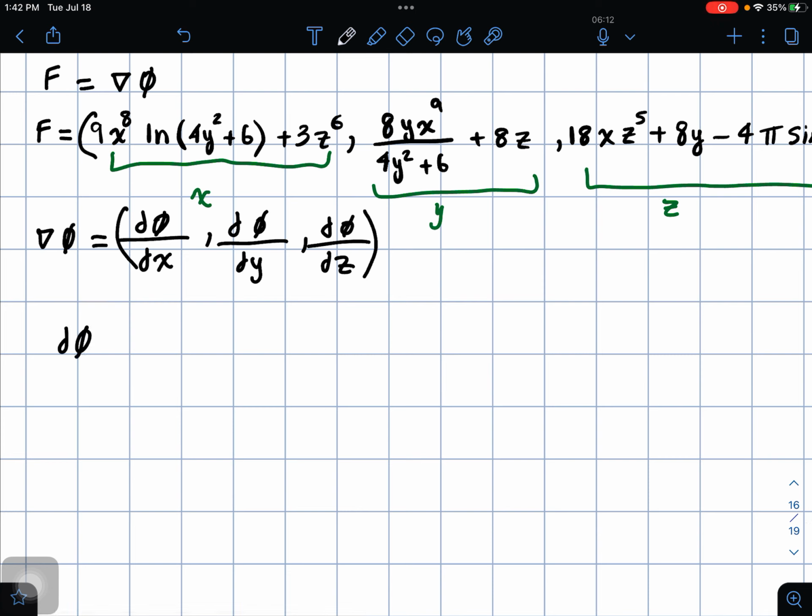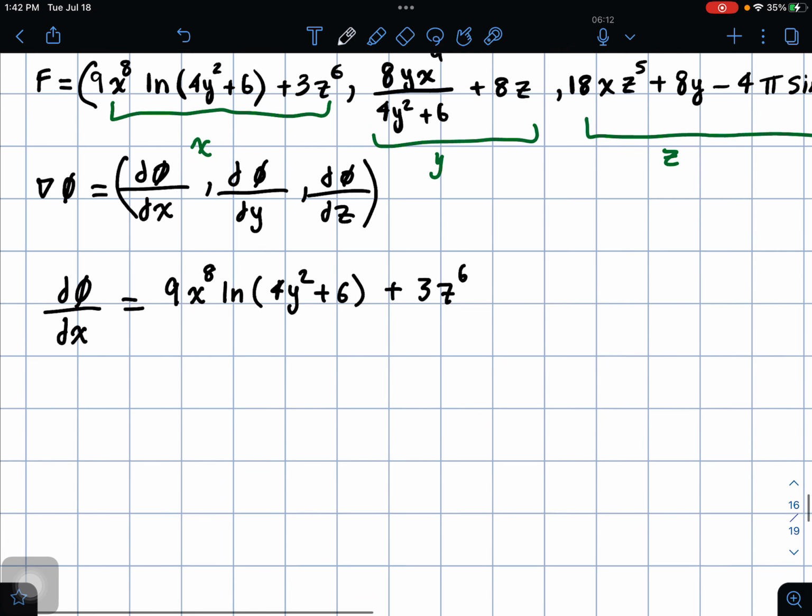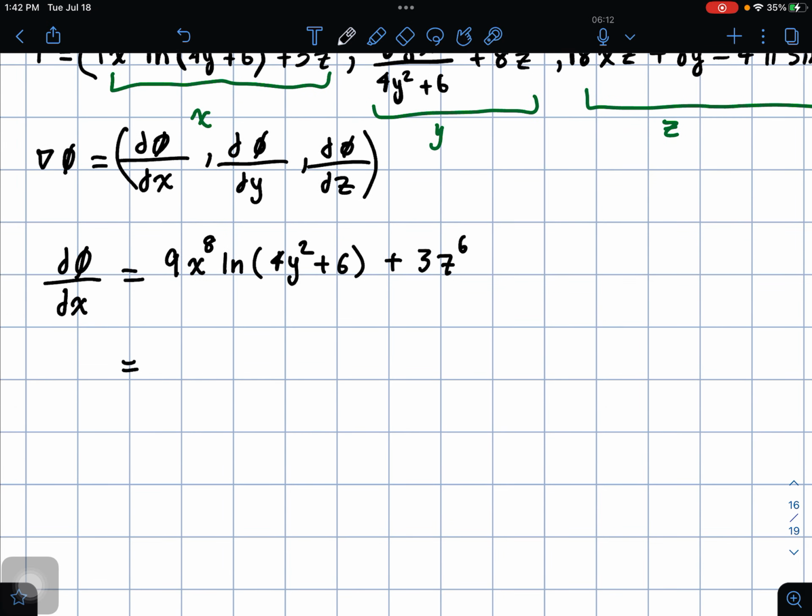So we have del phi del x is equal to 9x to the 8 ln 4y squared plus 6 plus 3z6. Okay, that was the whole x coordinate. Now what you do is you have to take the partial integration.